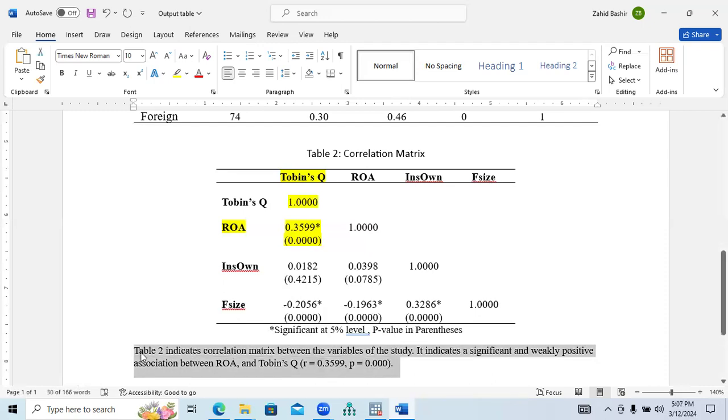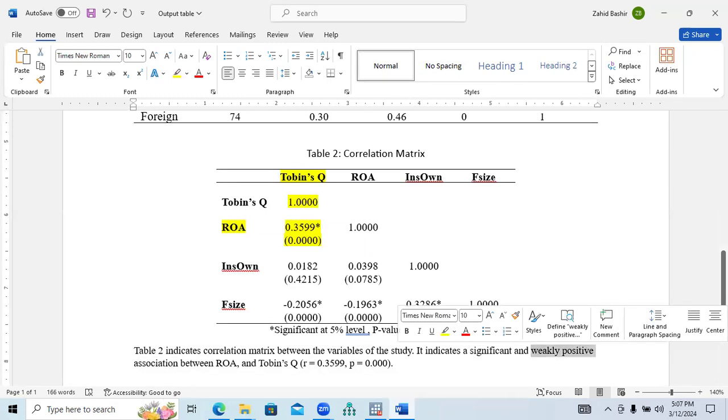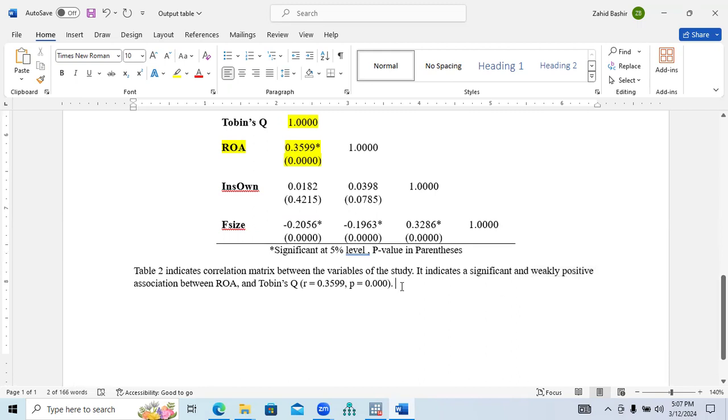If you do not know what it means by weakly positive or strongly positive, I will let you know. Always remember that correlation basically lies between -1 to +1.